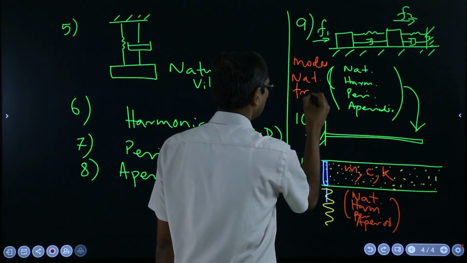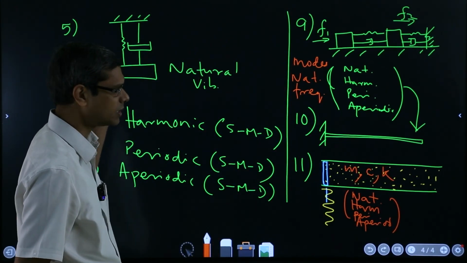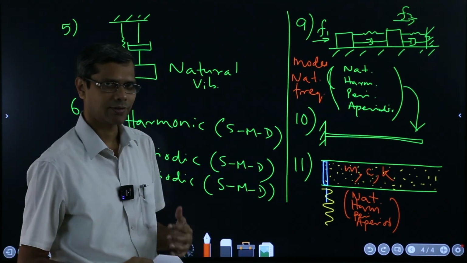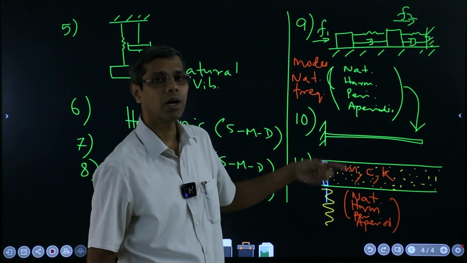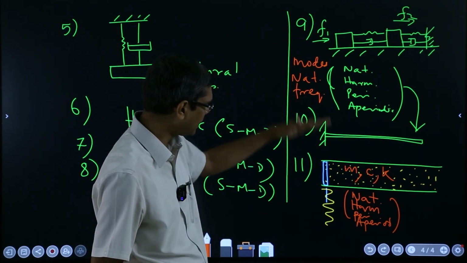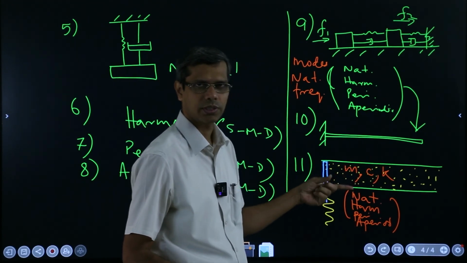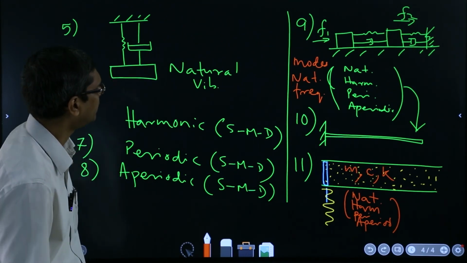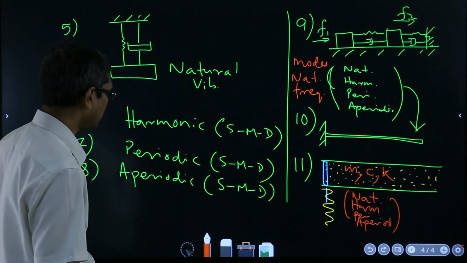Here also there is the concept of natural frequency, but here you will have multiple natural frequencies with which a system can vibrate. Once we come here, we will see how that multiple becomes infinite. So it will have an infinite number of natural frequencies, and then we will be completely ready to jump into the actual acoustics. That's how we are planning to move into acoustics by increasing the complexity step by step.